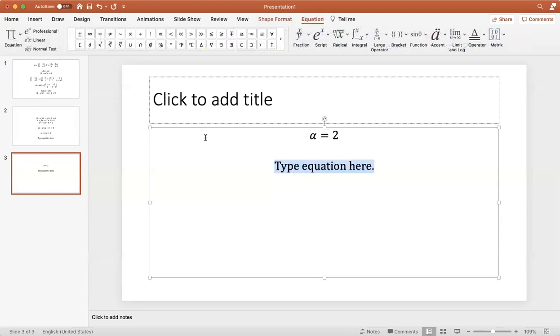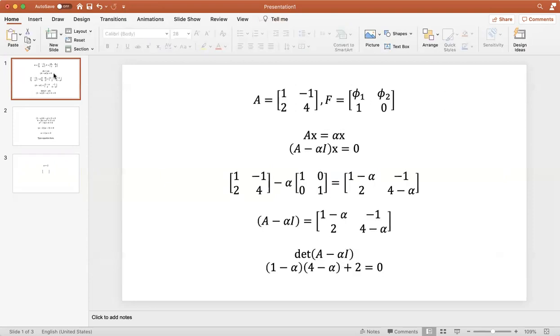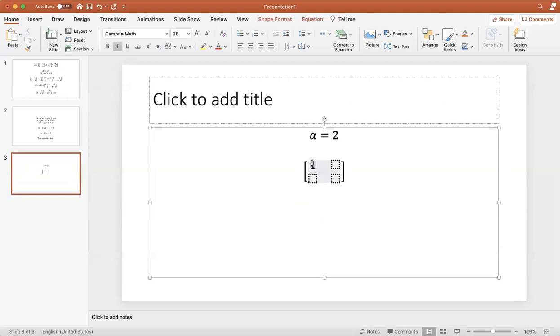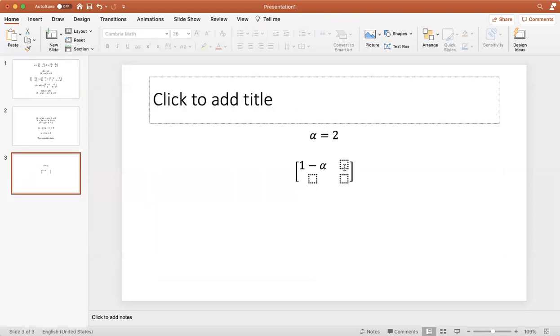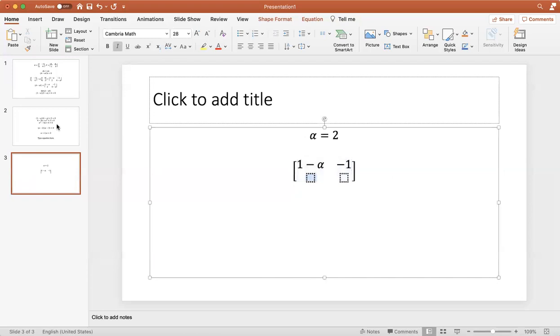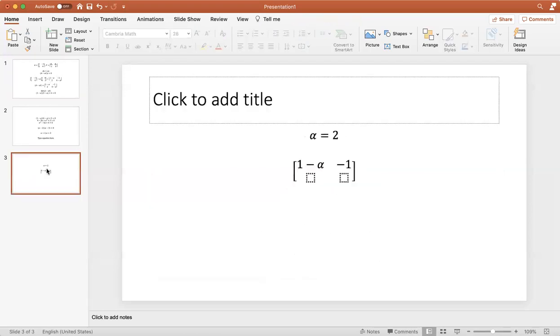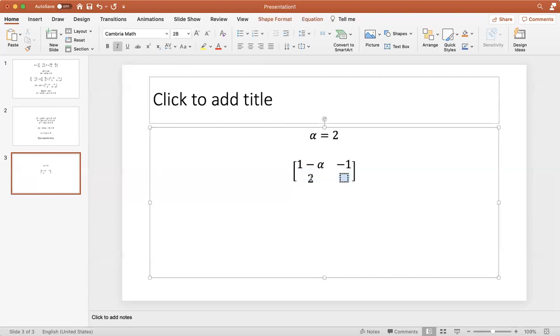Then substituting it back in the matrix, we have 1 minus alpha, negative 1, and then 2, and 4 minus alpha.